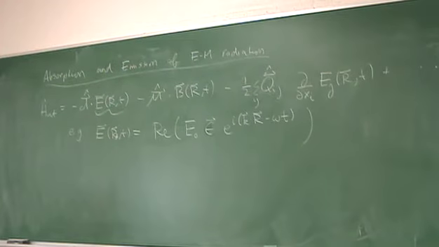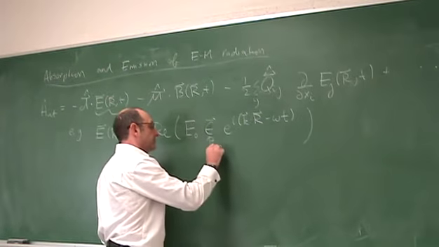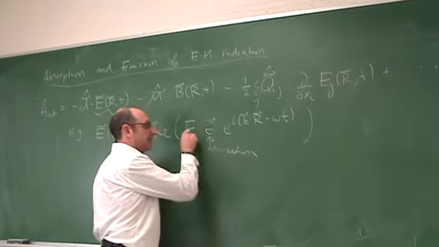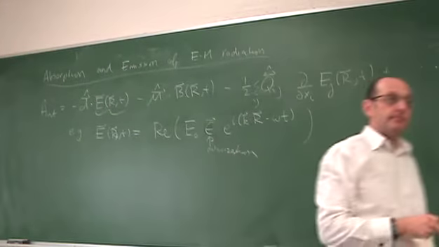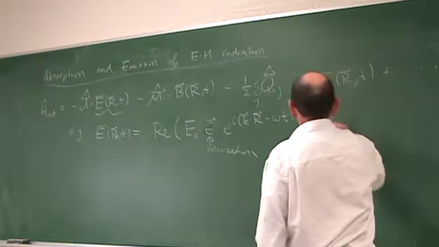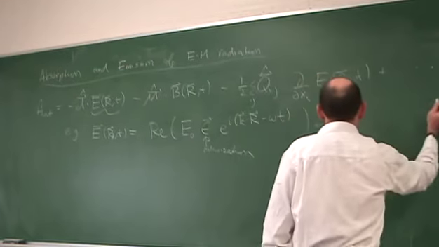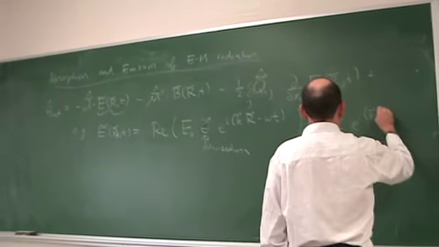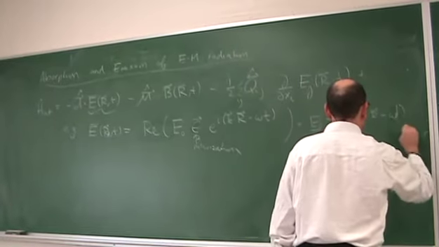That's our electromagnetic wave, our radiation. This is the polarization. It's a polarized wave. This is the amplitude. This is the wave vector. This is the frequency. All right, so this is E0 over 2, plus the complex conjugate.